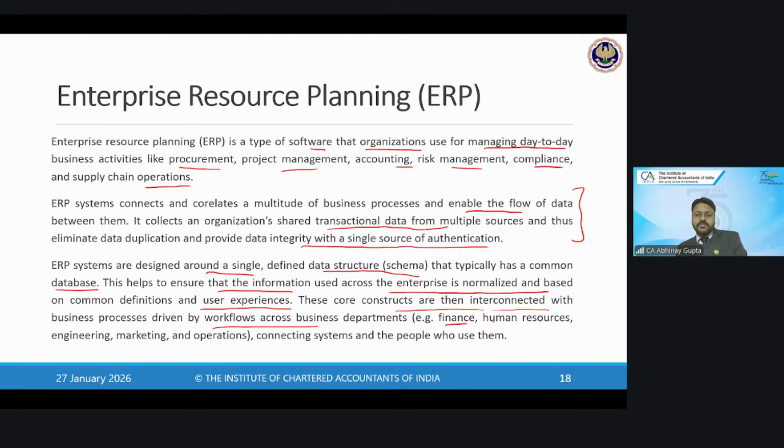For example, finance module, human resource module, engineering module, marketing module, operations module, connecting systems and people, whoever is using those modules. So different departments using their different modules can have access to the same information via their access management within the ERP, so the same level of information is available to everybody, right?